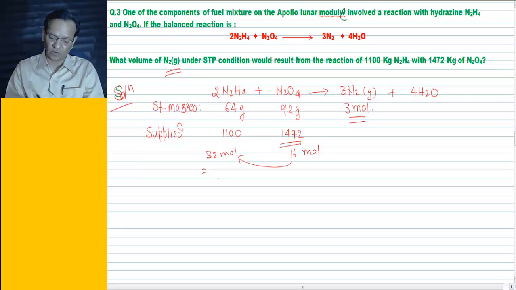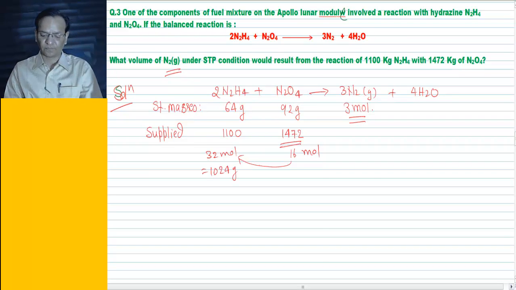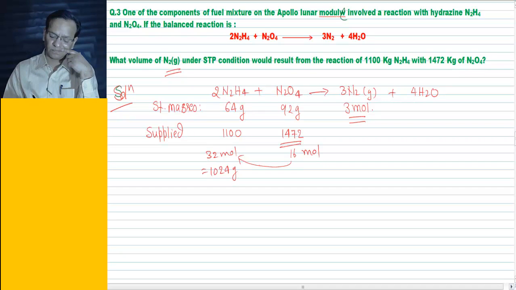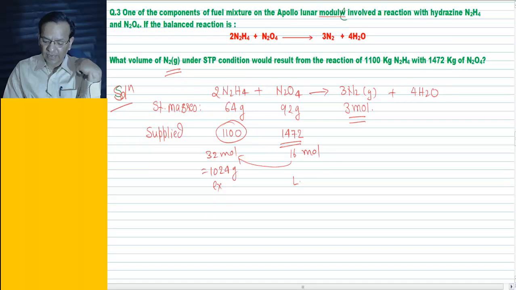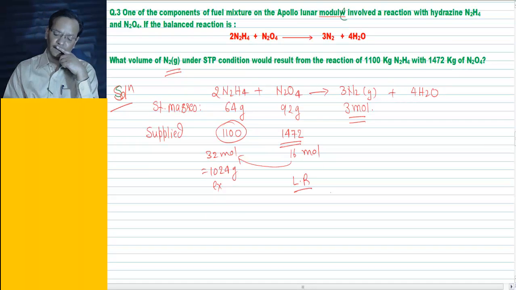Molar mass of hydrazine is 32. So 1024 gram. And available is 1100. So it is in excess. And this is the limiting reactant. N2O4 is the limiting reactant and the other one is excess.